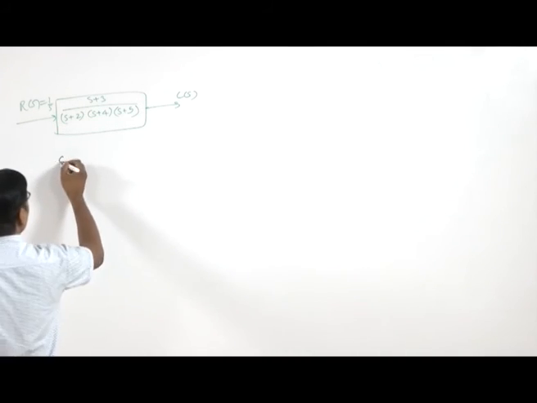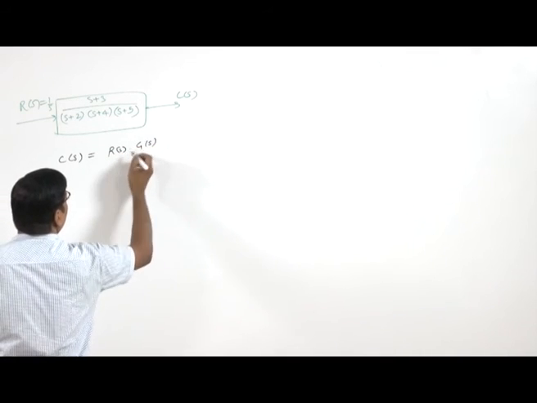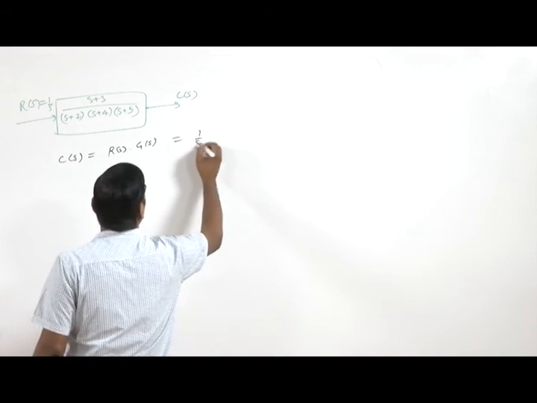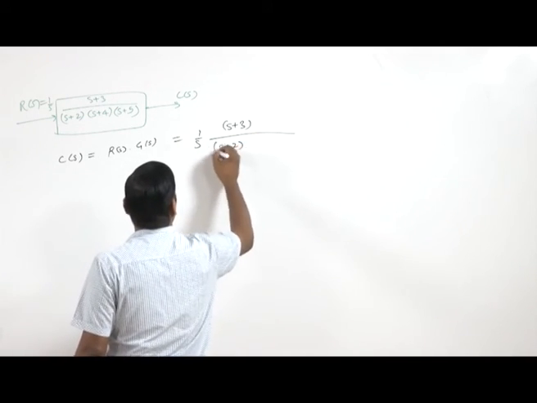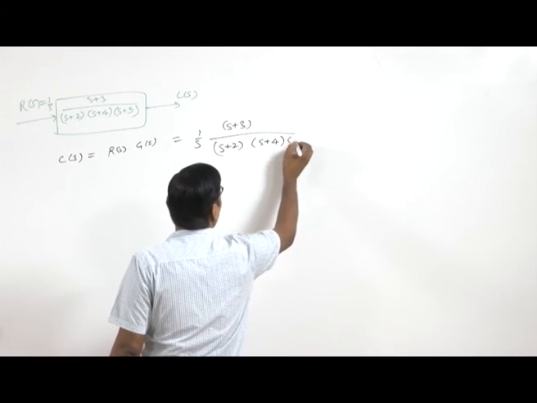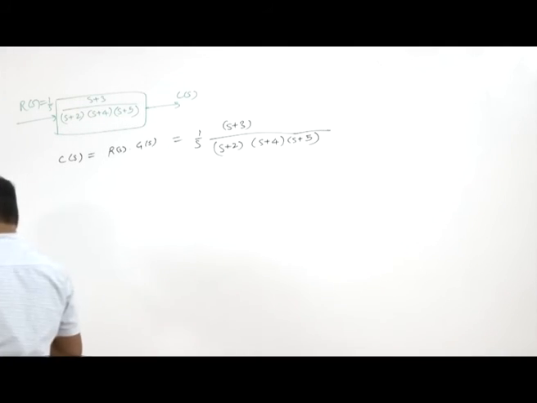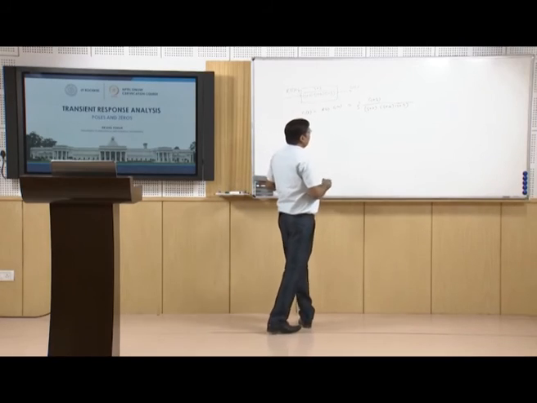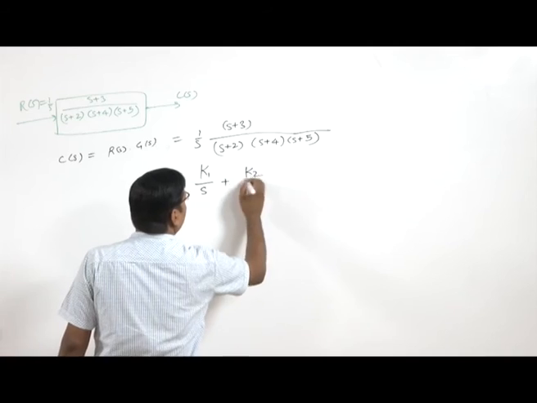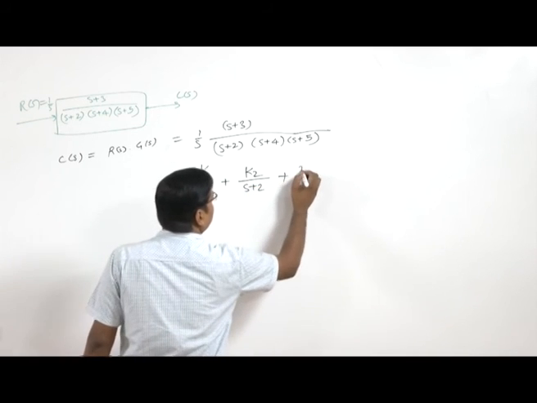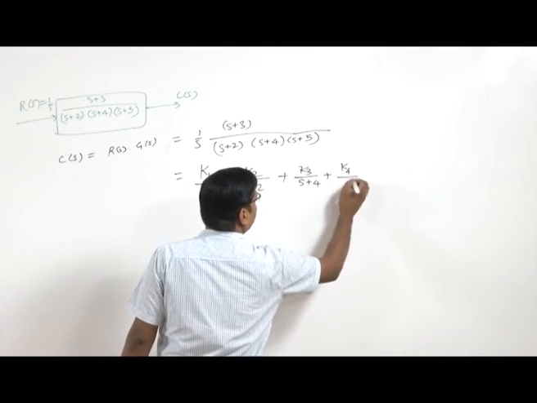Here C(s) equals R(s) into G(s), which will be equal to 1 by s(s+3)(s+2)(s+4)(s+5), and we can write this as K1 by s plus K2 by s+2 plus K3 by s+4 plus K4 by s+5.